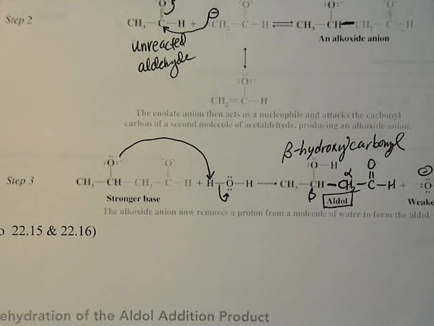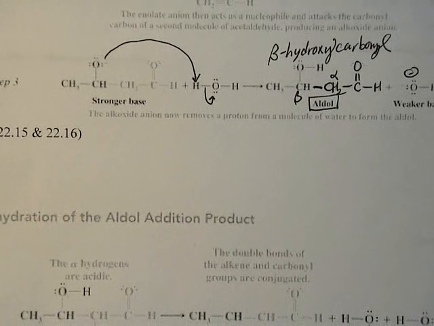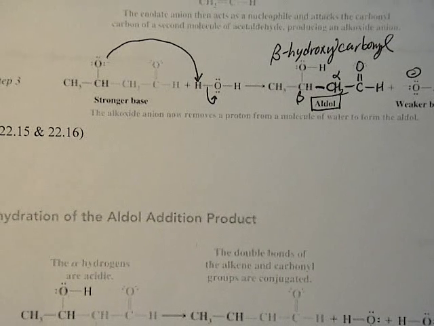So once you're able to give me the products, what we're going to go over next is what happens to these compounds if you allow the reaction to react further by providing heat. All right. So what happens is that the second step of the reaction occurs in which the condensation occurs.